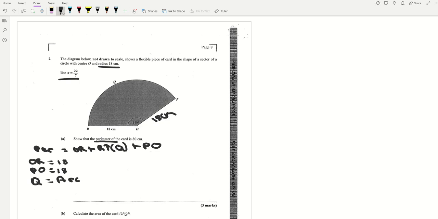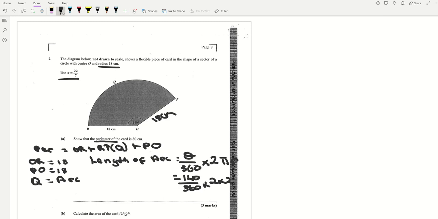And we know that the length of an arc is equal to theta over 360, that's how many degrees your arc is, over 360, multiplied by 2 pi r. So which is equal to 140 over 360 multiplied by 2 multiplied by 22 over 7 multiplied by r, which is 18 over 1.